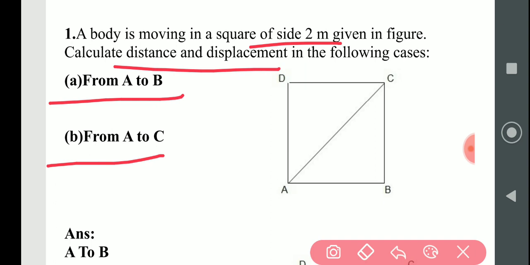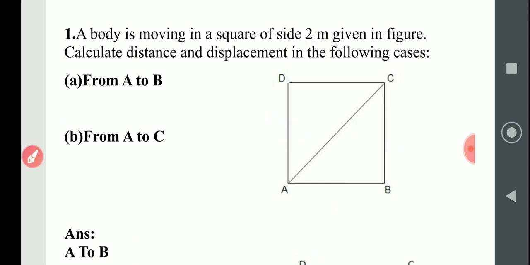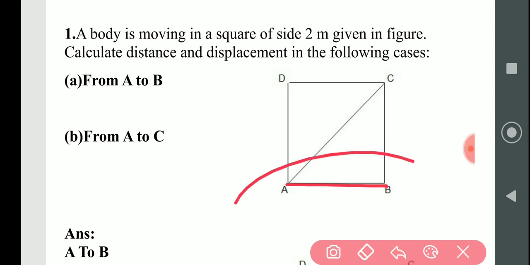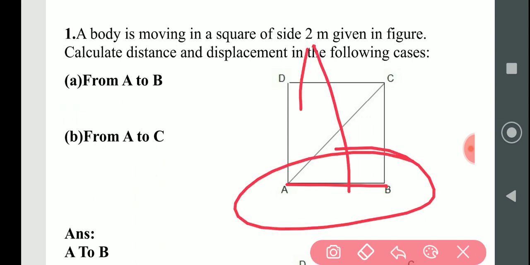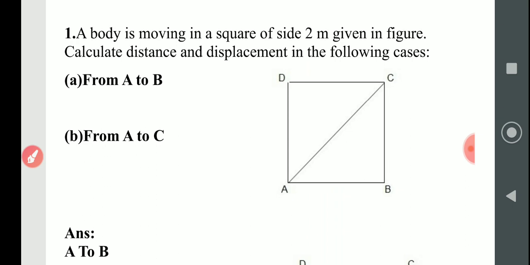So in this question, square ABCD is given in which each side of the square is 2 meter long. Let's start with the first case. We have to find the distance from A to B. So the distance from A to B is given by the side of the square, which is already given in the question, 2 meter.